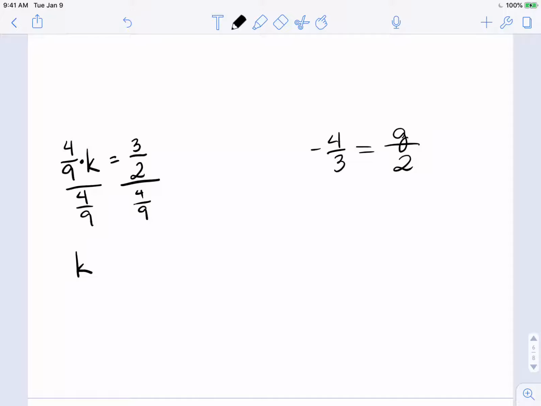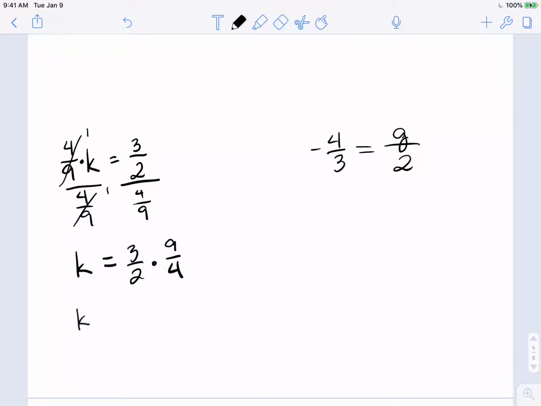So you get these dividing out to equal 1. So you're left with k equals 3/2 times the reciprocal of 4/9. Well, what's the reciprocal of 4/9? The reciprocal of 4/9, you just take 4/9 and flip it. So you get 9/4.